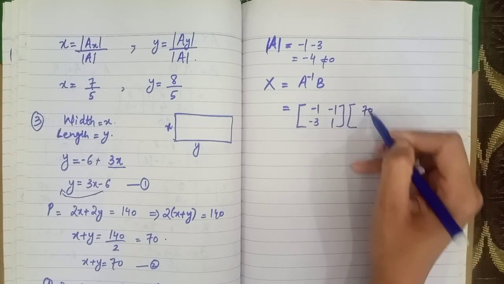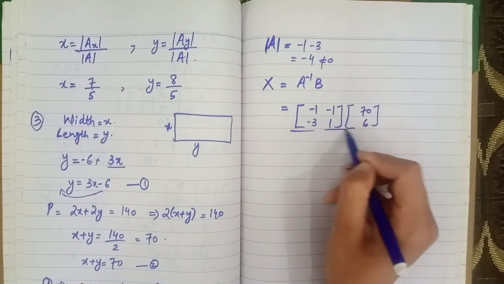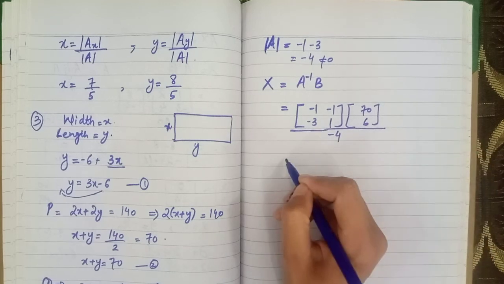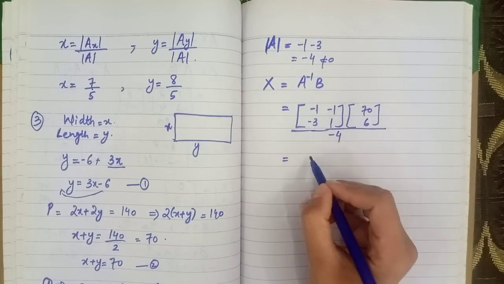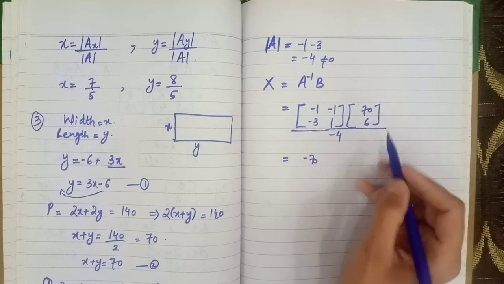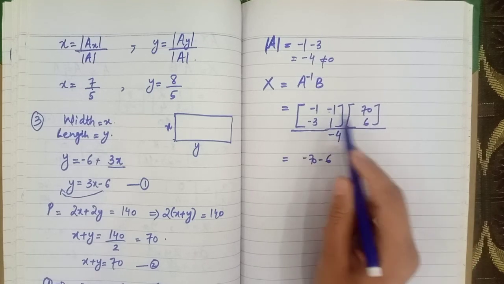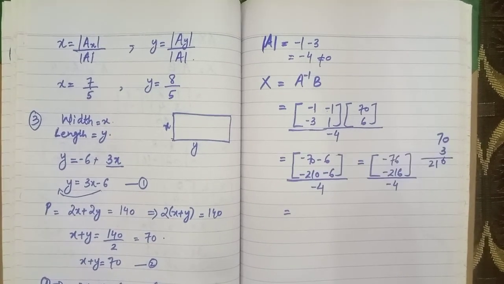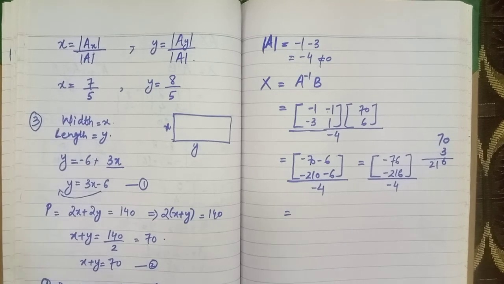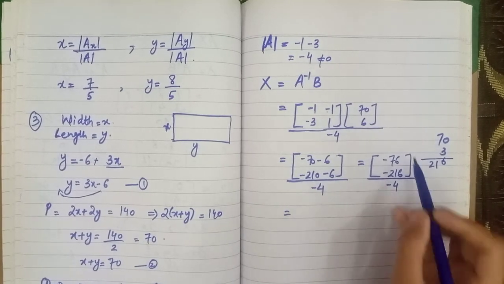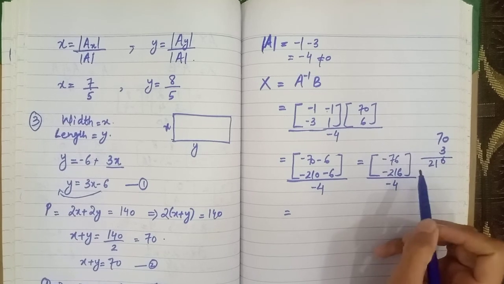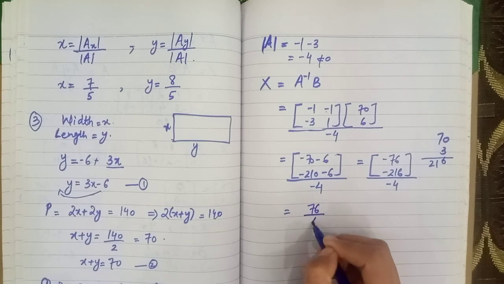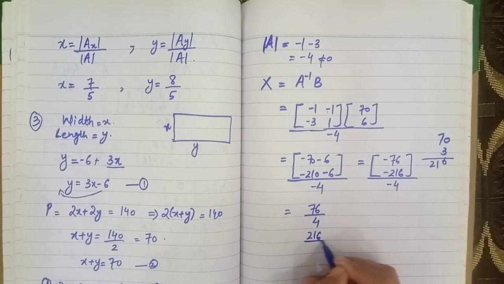B is 70, 6, divided by minus 4. Minus 1 into 70 is minus 70, then minus 6. So here, students, you can see that we are going to divide both entries by minus 4, then the sign would be eliminated. 76 divided by 4 and 216 divided by 4.